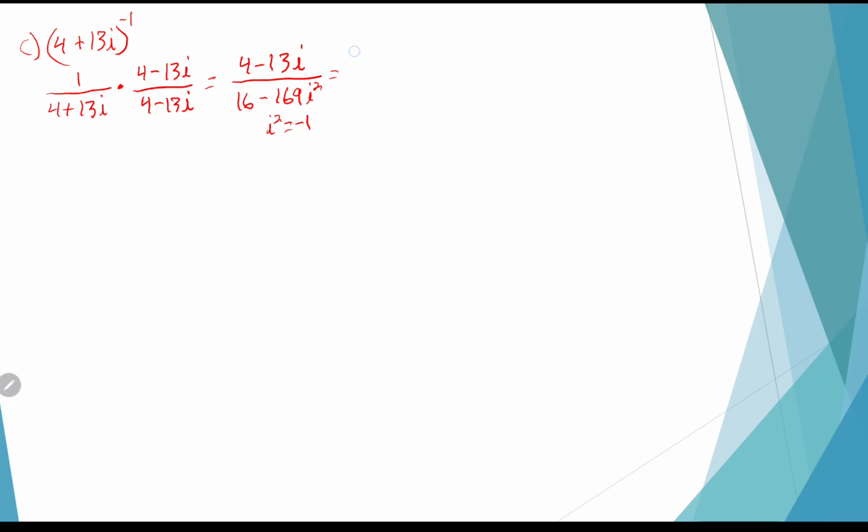So this becomes 4 minus 13i over 16, negative 1 times plus 169. So 5, 2's no, 13 no. Got it. Okay. So this becomes 4 over 185 minus 13 over 185 i.